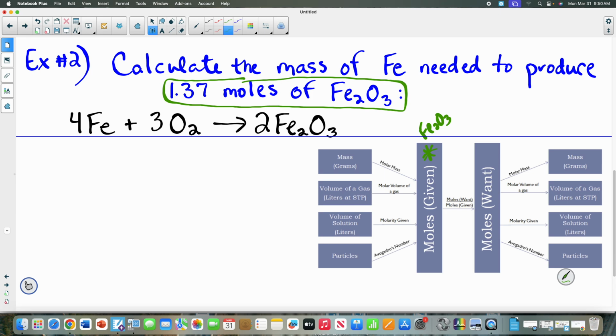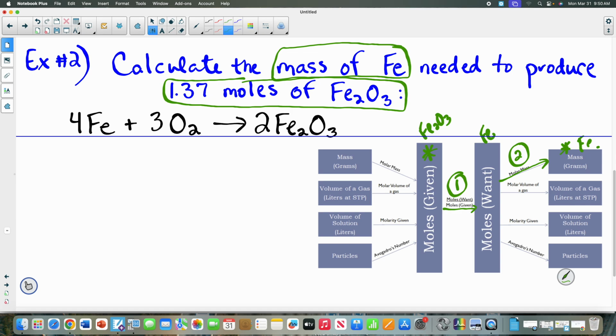And what are we being asked to calculate? Mass of Fe. Good. So what we want is Fe, what we want to get over here. So let's look at our two steps that we have to do. Mole ratio and then molar mass. Are you comfortable with why we're following those arrows?